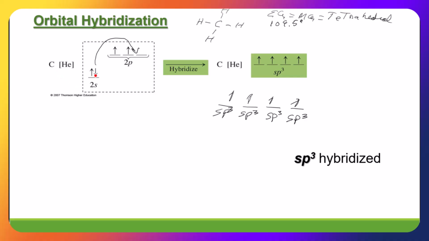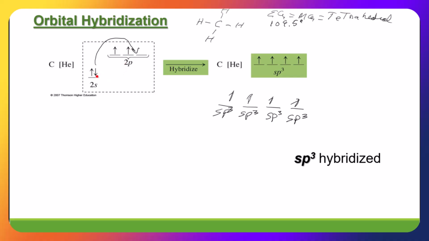You've got 2s2, 2p2. Now, we know that carbon loves to make 4 bonds, not 2 bonds. Based on valence bond theory, carbon should only be able to make 2 bonds.